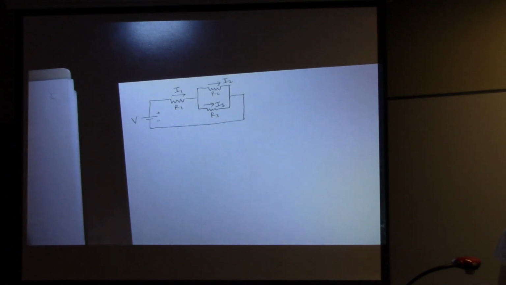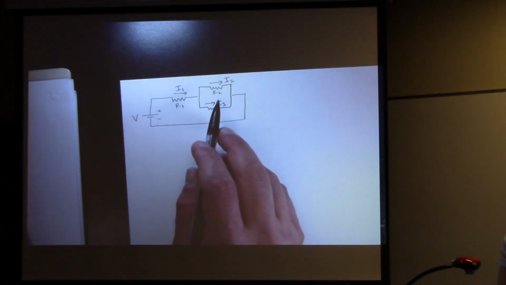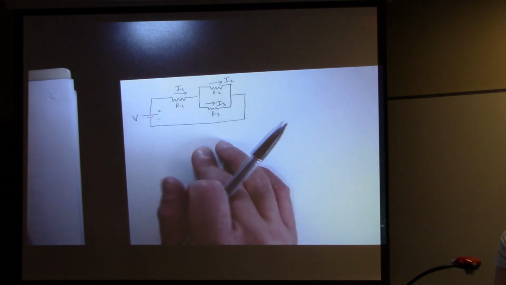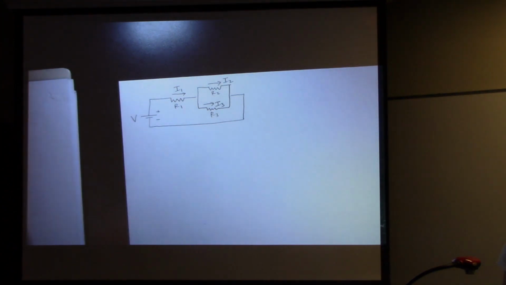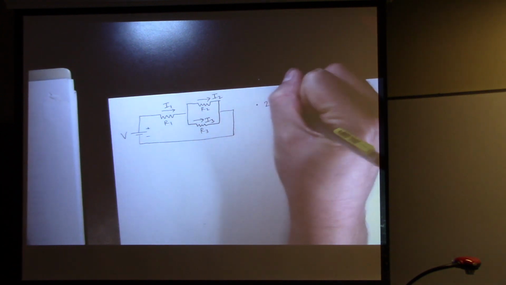Okay, so the first thing we should think about is what kind of combinations can we make here? Well, the most obvious thing to do is just take 2 and 3 and connect them as a parallel combination. So 2 and 3 are in parallel. So let's write that down, 2, 3 in parallel.